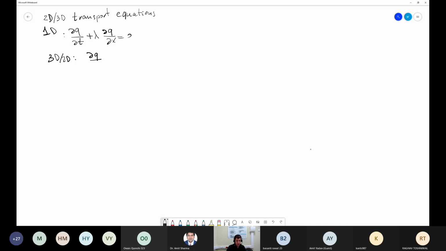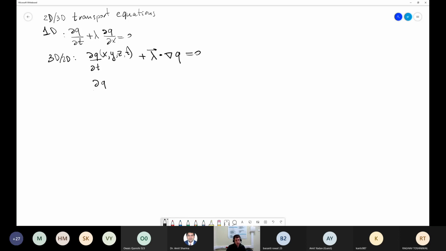dq, the same scalar function, but now this function depends on x, y, maybe z, and t, plus the vector lambda multiplied by the gradient of the scalar value function q is equal to 0.